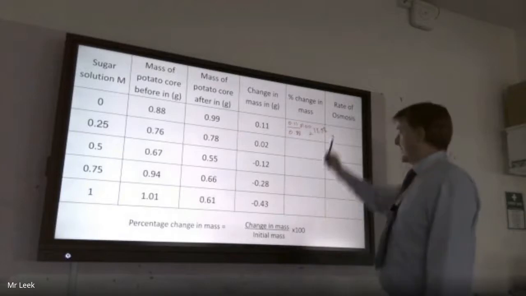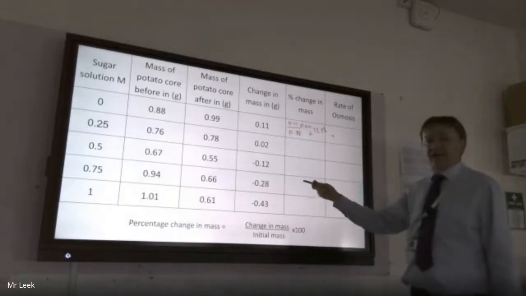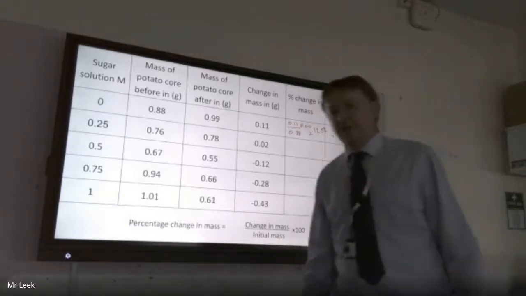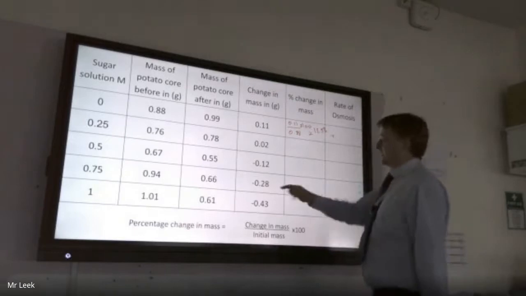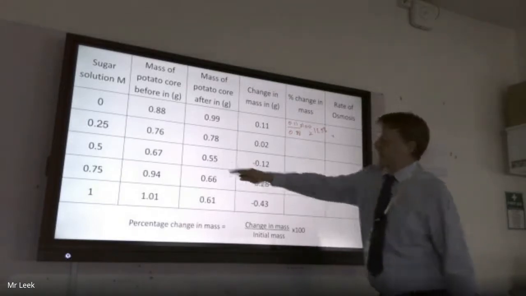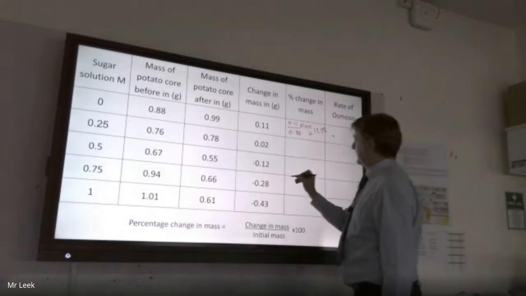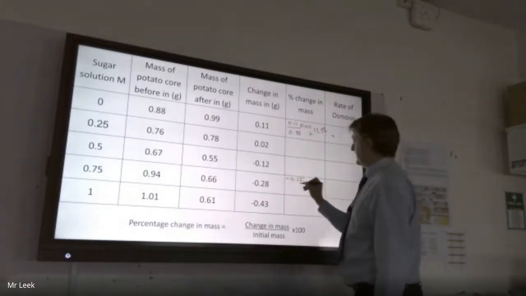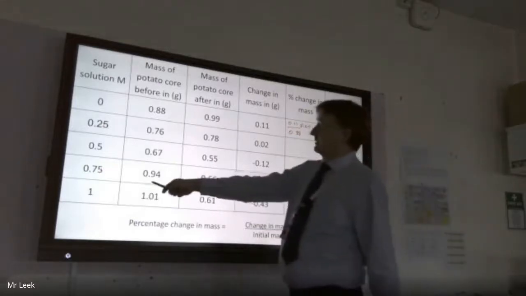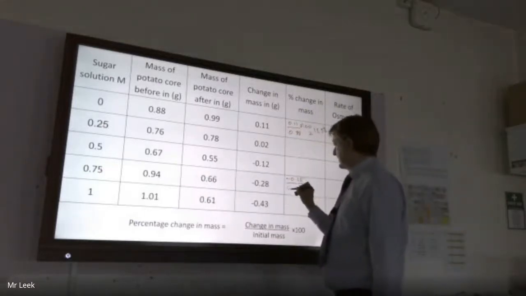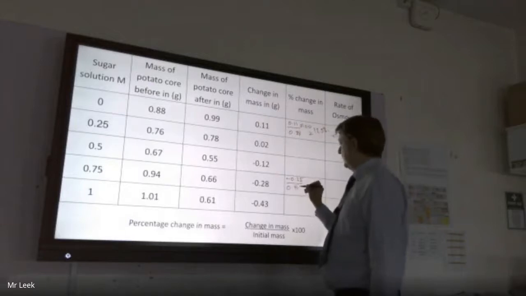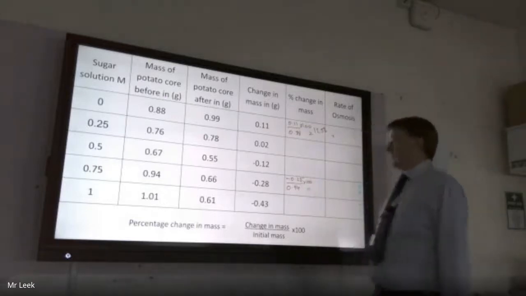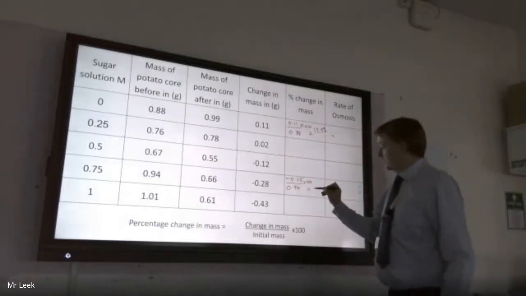Now I'm going to do the sum for this one down here, and then I'll give you about 3 or 4 minutes of working out, and then hopefully I'll be able to ask some of you at home the answers. So this one here, the 0.75. Change in mass is minus 0.25 divided by the mass of the potato at the start, 0.94, multiplied by 100 equals, and your answer will be minus.